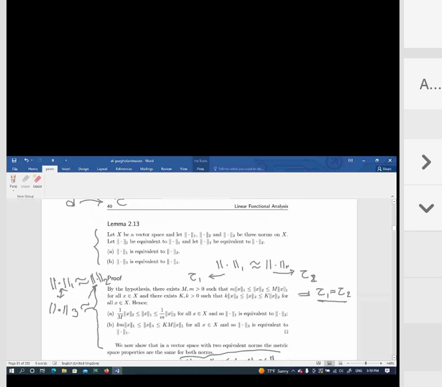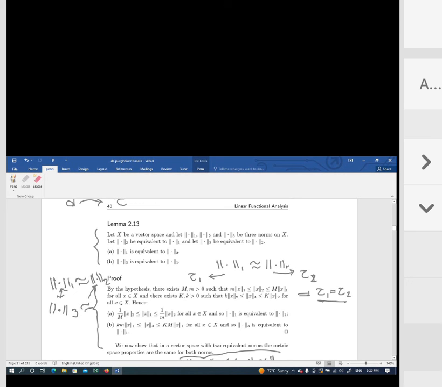Now we have this lemma. Let X be a vector space with three norms: norm 1, norm 2 and norm 3. Let norm 2 be equivalent to norm 1 and norm 3 equivalent to norm 2.